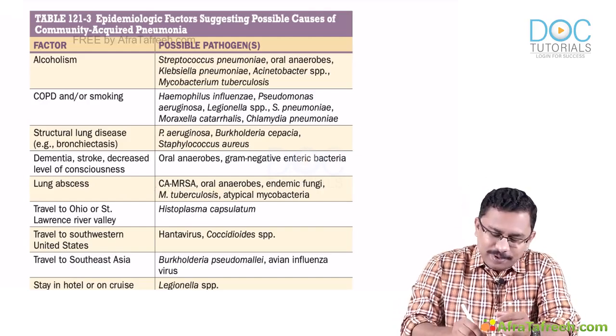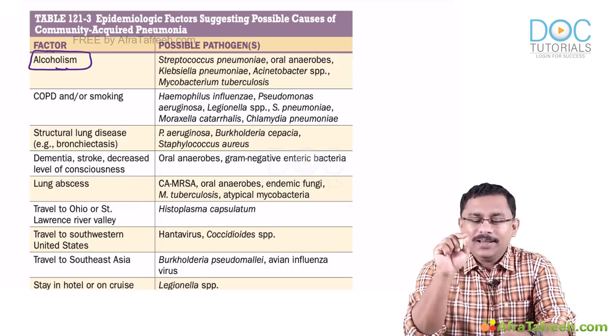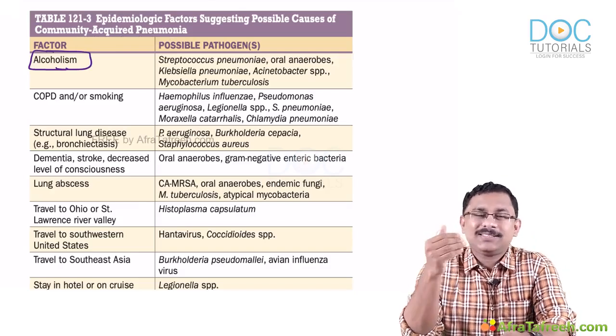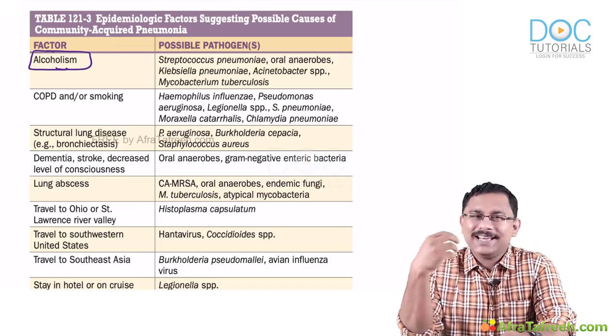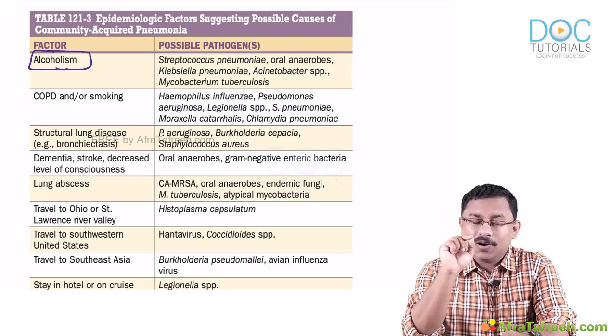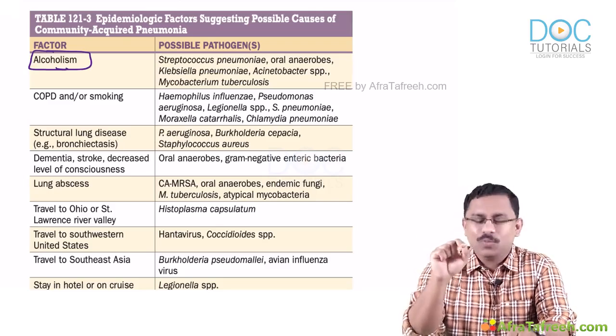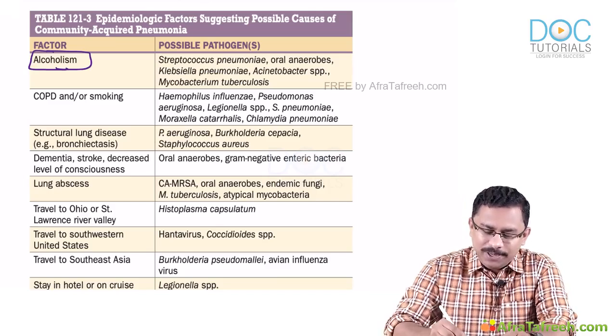Now, the first one is alcoholism. Let me remind you one thing. I told you in alcoholism there is a chance of anaerobic colonization and infection. But even in alcoholics, the most common organism that would cause pneumonia is Streptococcus pneumoniae.